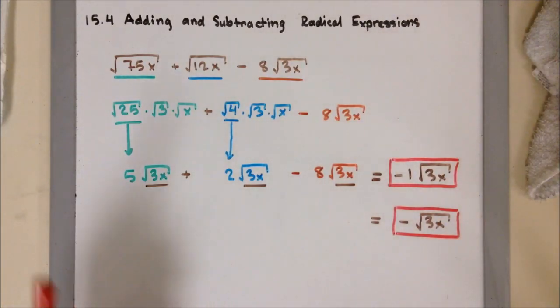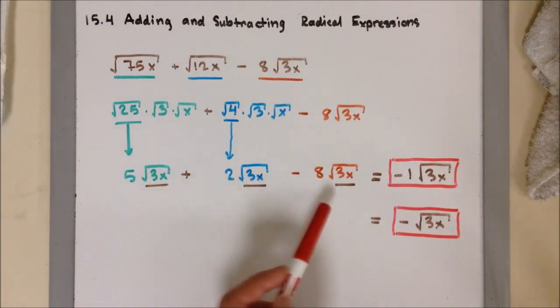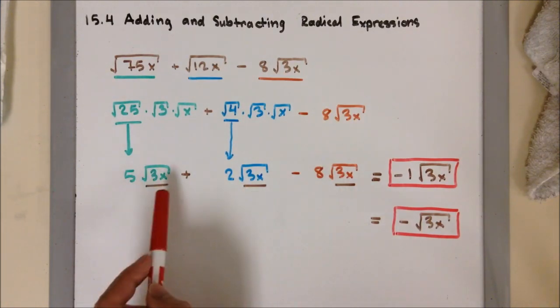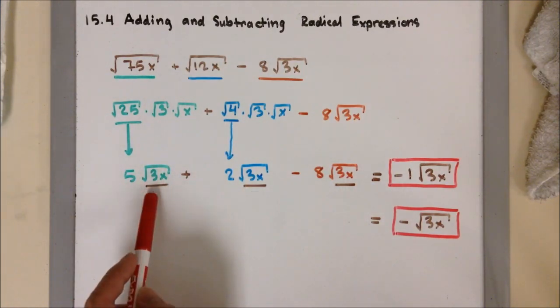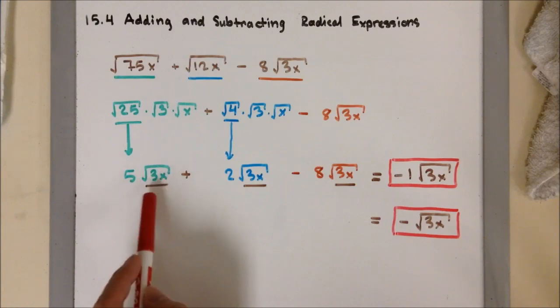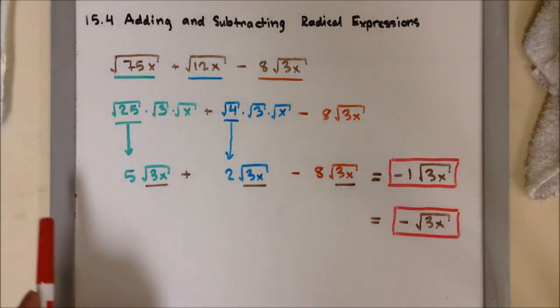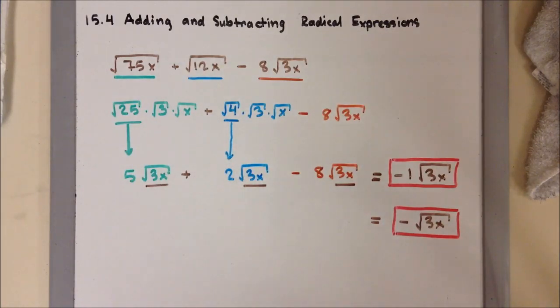As I stated before, in order to combine like terms, you must have the same thing inside the radical. Same radical, which is the square root, same number, same variable with the same exponent. Square root of 3x, square root of 3x, square root of 3x. If they're all exactly the same, combine the outside numbers.